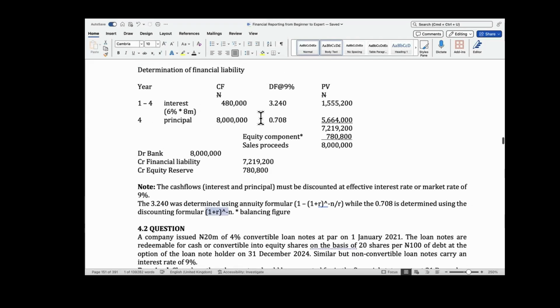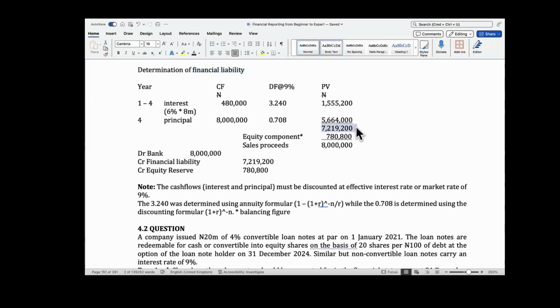Giving r at 9% and n at 4 gives you 0.708. If you multiply this by 8 million, it gives you 5,664,000. When you add that to the 1.5 million, you get 7,219,200. And this 7,219,200 is the value of the financial liability.